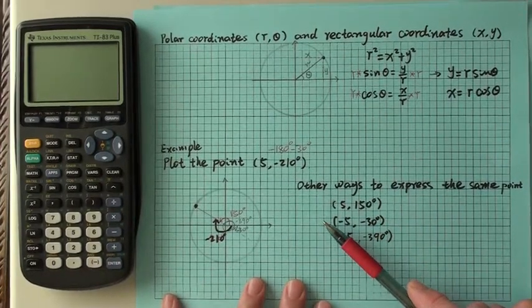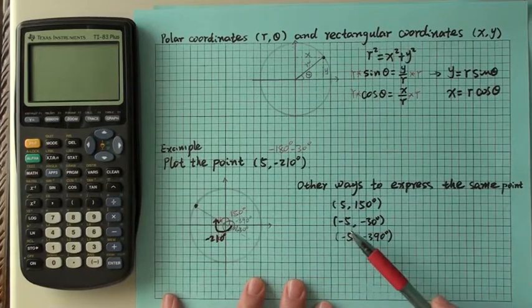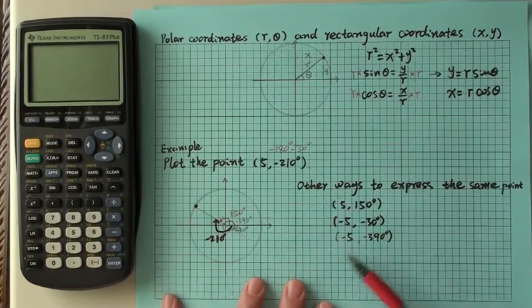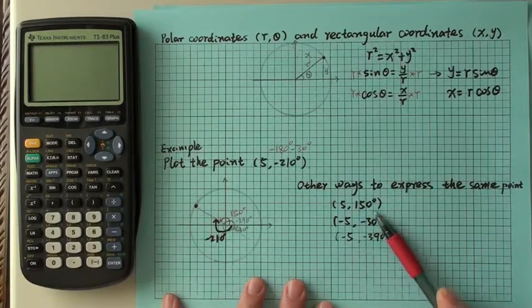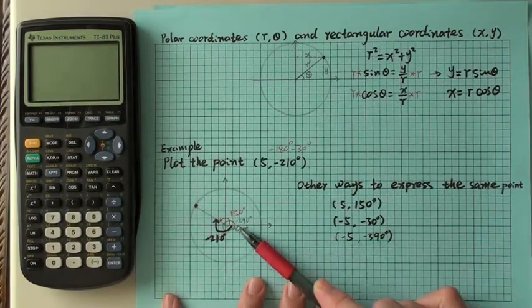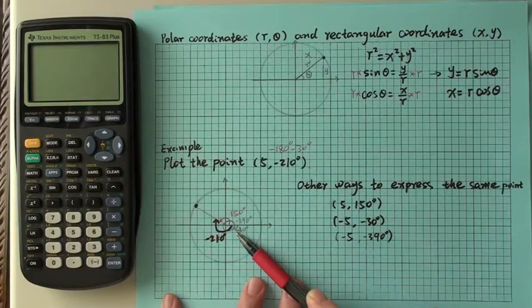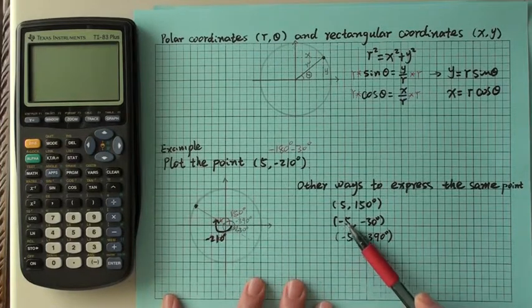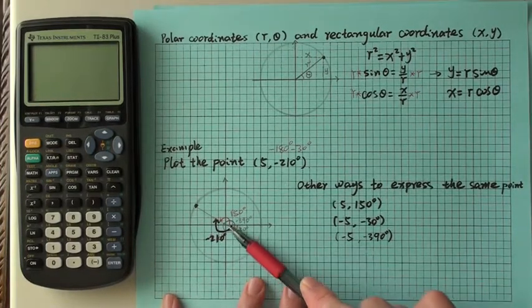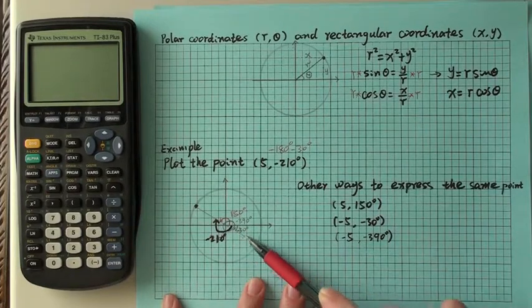Alright. Now, how about the second one? Again, you want to start with negative 30 degrees. Negative 30 degrees is clockwise, so it's this far. But this time it is not positive 5. If it were positive 5, it should be here.